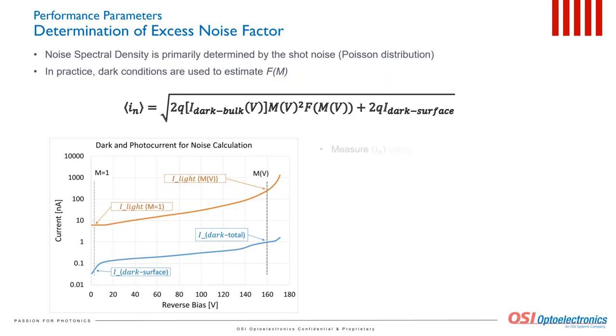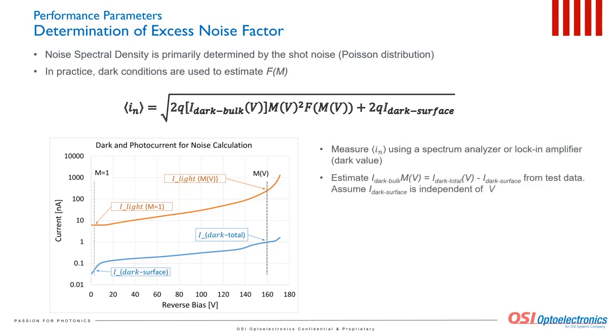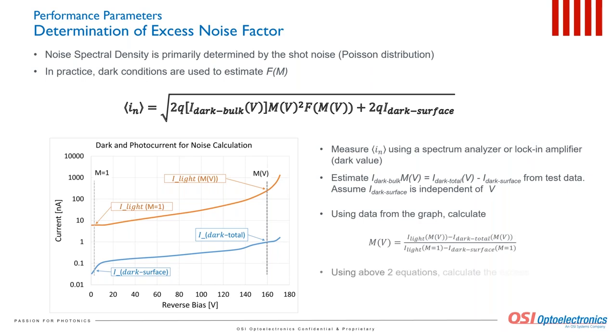To estimate the F factor value, we need to measure dark noise current spectral density at the bias of interest using a spectrum analyzer or lock-in amplifier. Then, assuming that at low bias value the dark current is primarily due to the surface current, and assuming that the surface dark current does not change with bias, we have to estimate the dark bulk current from the test data shown on the graph.